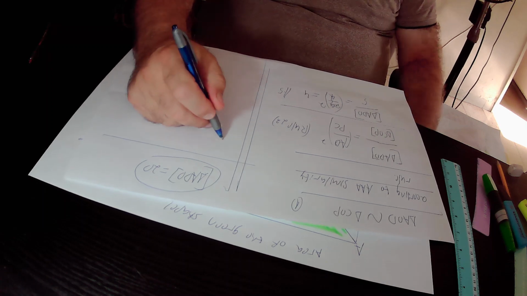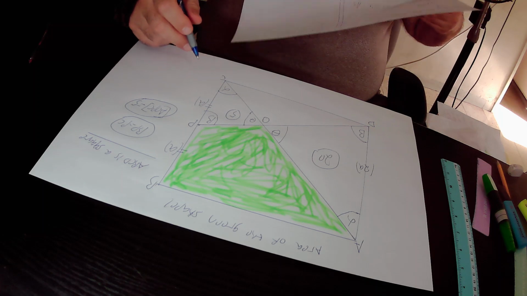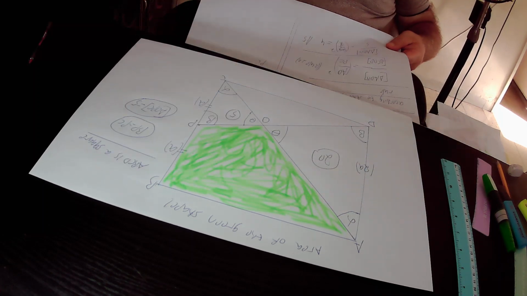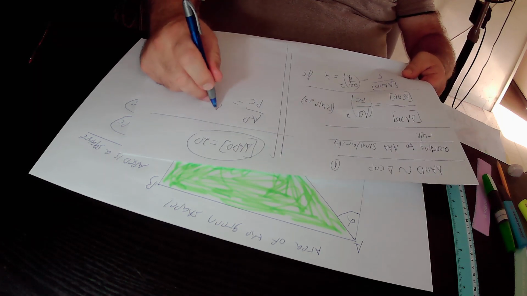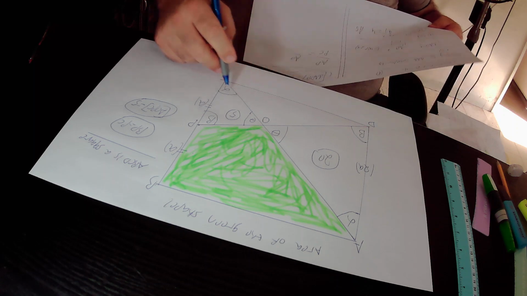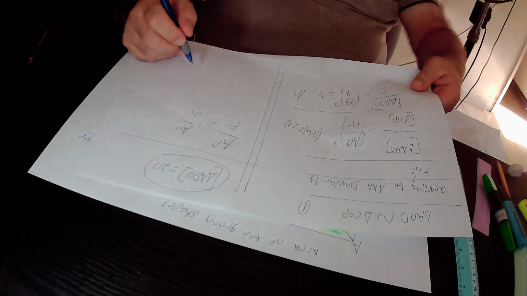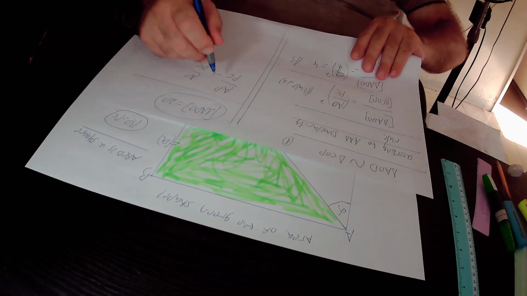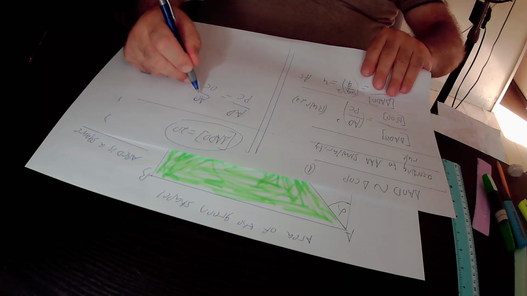Side AD of triangle ADO over side PC of triangle OPC is equal to side AO of triangle AOD over side OC of triangle POC. So now we found out that AD over PC equals AO over OC.